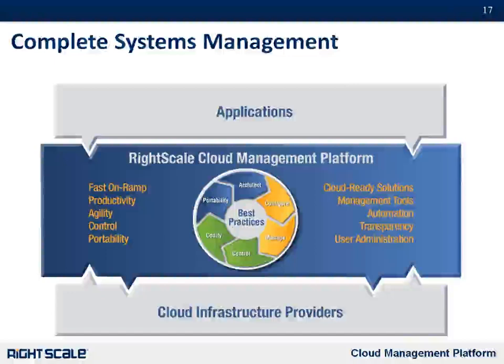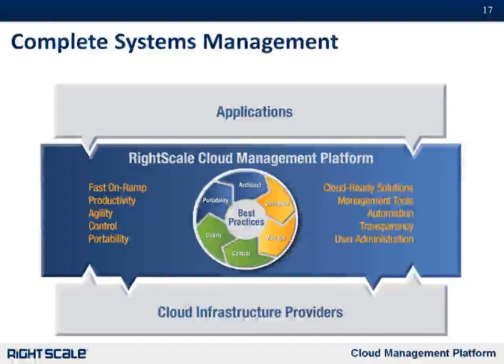We're really this orchestration layer. So if you look at the layer at the bottom of my logical diagram here, those are the resource pools that you want to be able to tap into: Amazon's Elastic Compute Cloud, the Rackspace Cloud. And at the top, you have the applications that you want to run. So we provide the benefits by having things like a library of pre-configured server templates, so that if you want to deploy a database or a web server, you're not building those machines from scratch yourself.